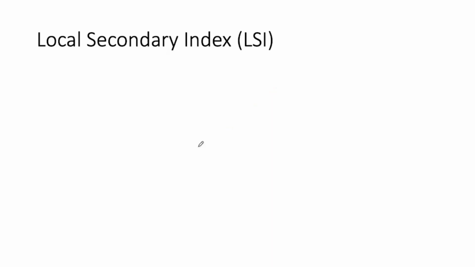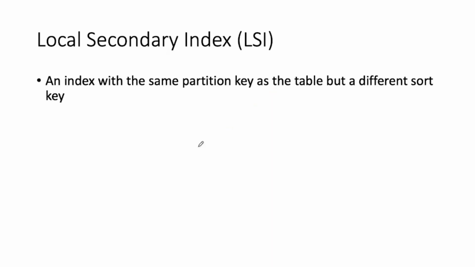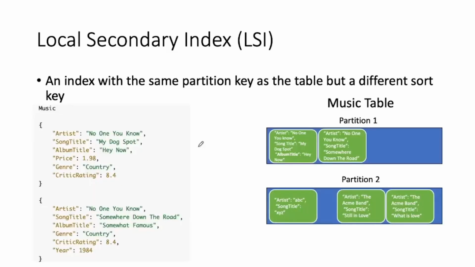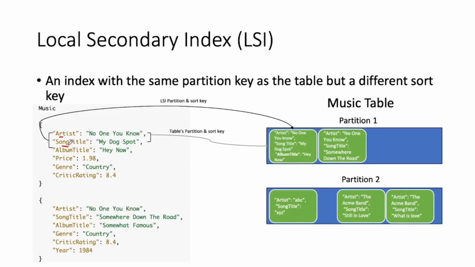The other kind of index is local secondary index. This index has the same partition key as that of the table, but the sort key can be different. So this is the original music table with its partition and sort key based primary key. And here we can create a local secondary index, which is going to use the same partition key, but can use a different sort key.